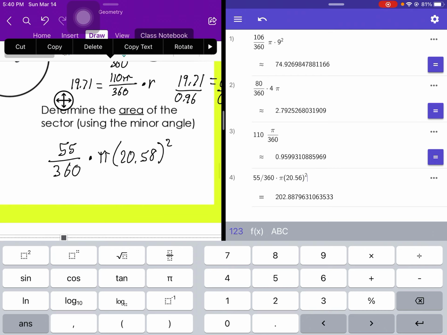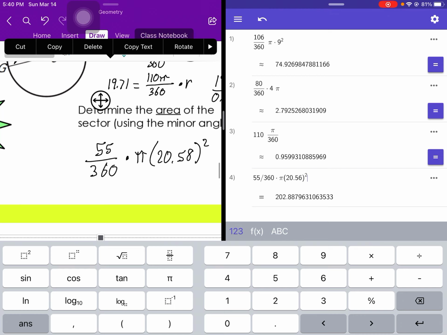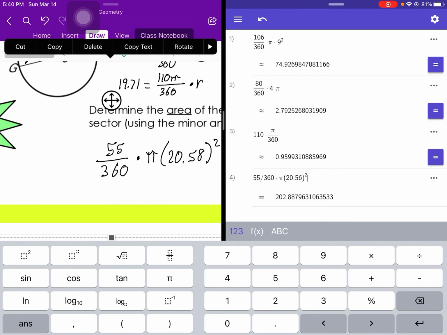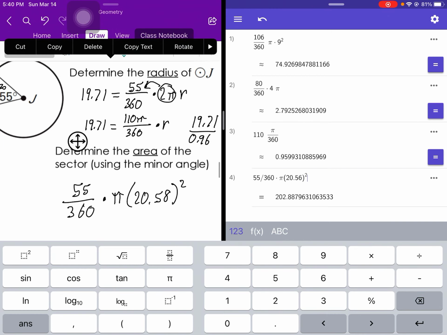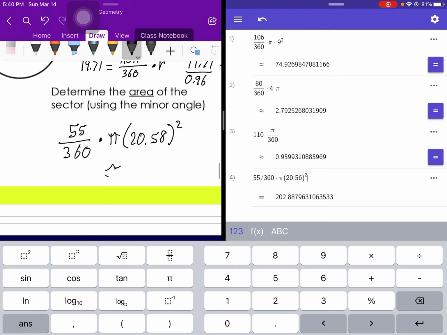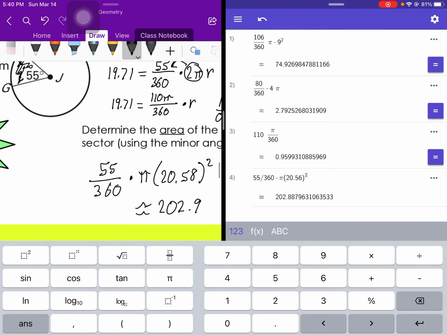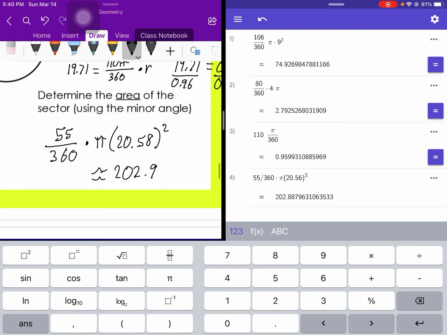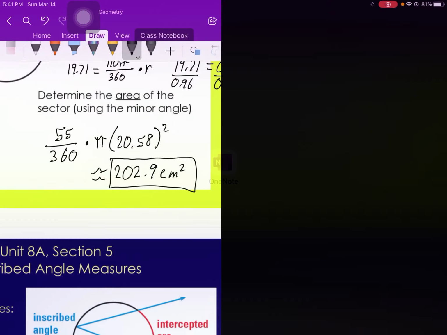And we get 202.9. And that would be, our label is in centimeters, so centimeters squared. Okay.